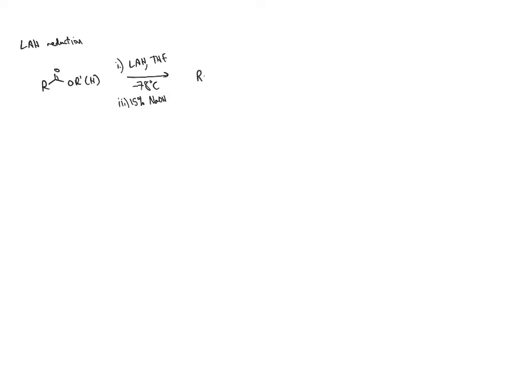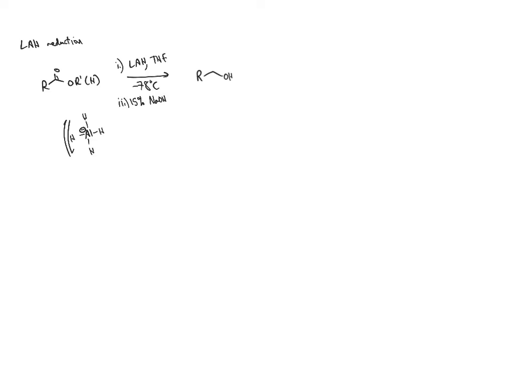Okay, and so what we're going to get here is the alcohol. So what happens here? Well, we're going to get two successive, irreversible nucleophilic acyl substitution mechanisms. And we're going to be using hydride in this case to perform that double addition.